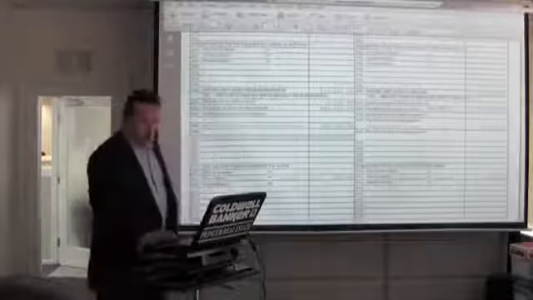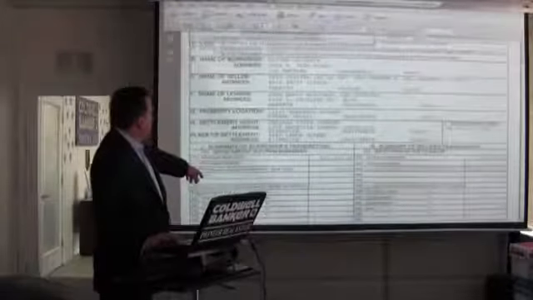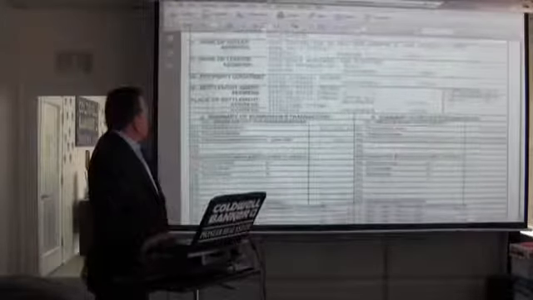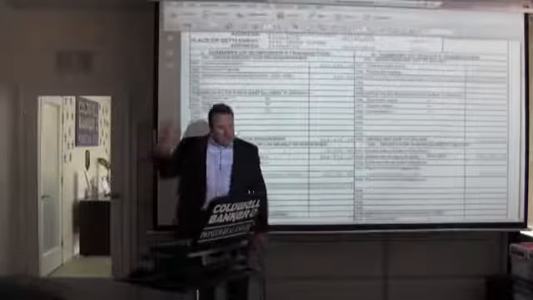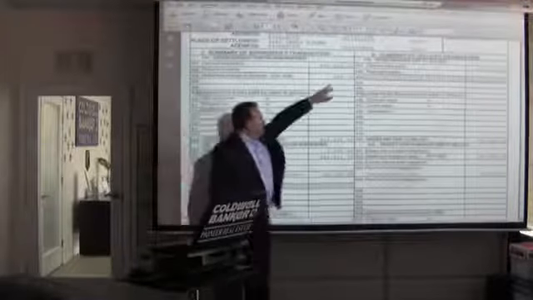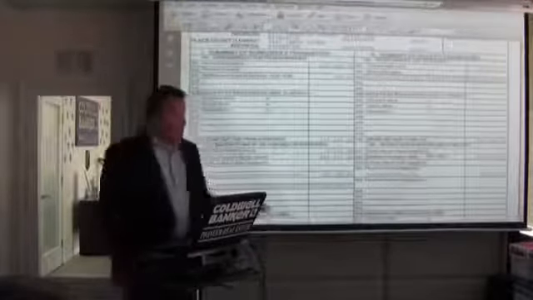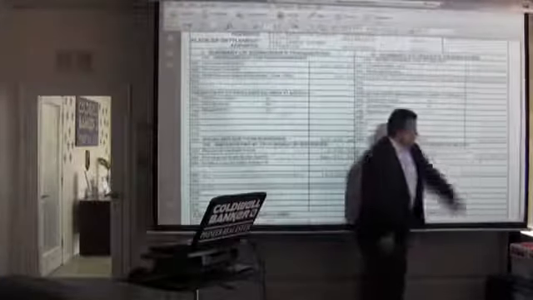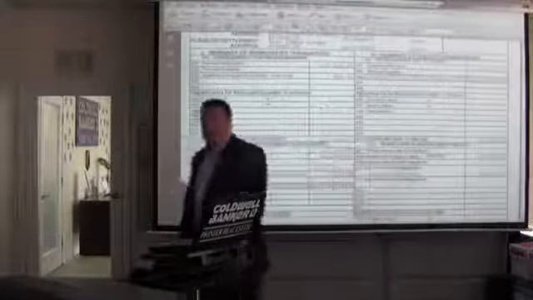So when you look at total charges to buyer, all of that stuff that we just went through on page 2, the loan fees, the title, the escrow, the buyer had to pay $800. Seller basically absorbed all the rest of it. All of those charges that the seller had, the 240, was on the other side of that spreadsheet.